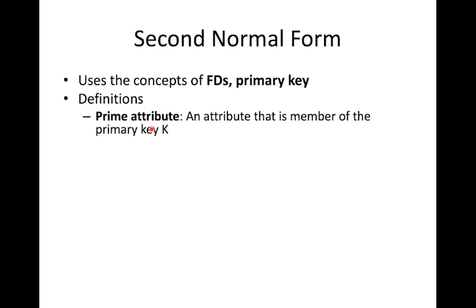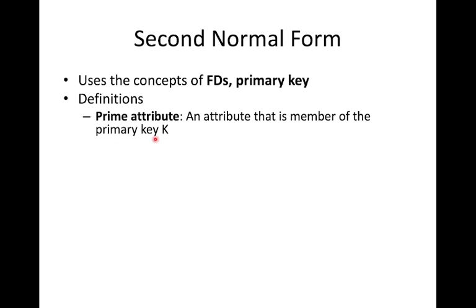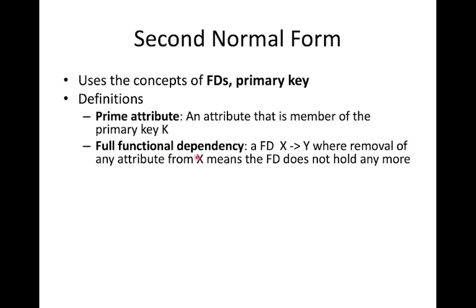But we will redefine this now: a prime attribute is an attribute that is a member of the primary key. So if it is any one of the attributes in the primary key, then we can call it a prime attribute. Any other attributes will be considered non-prime attributes. Okay. Then full functional dependency.